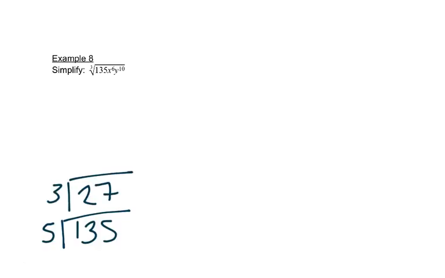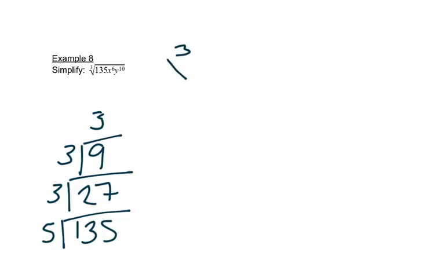So let's start by looking at this problem with this 135. It ends in 5, so I'm going to divide by 5 first, and that gives me 27. 27 can be divided by 3, which is 9, and 9 can be divided by 3, which is 3.